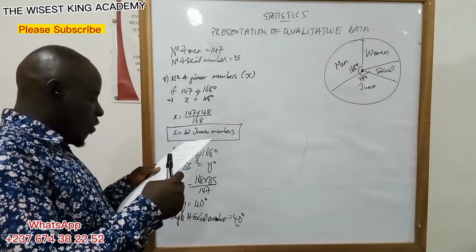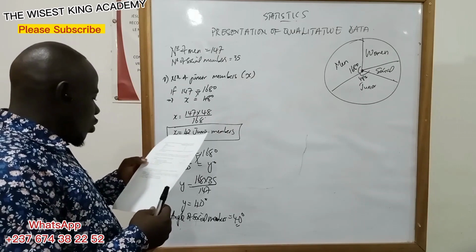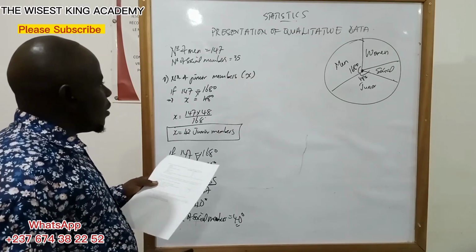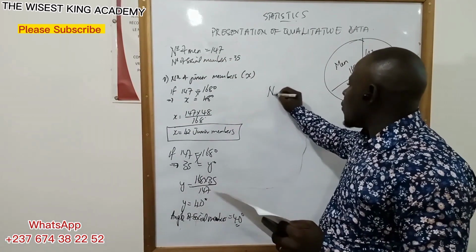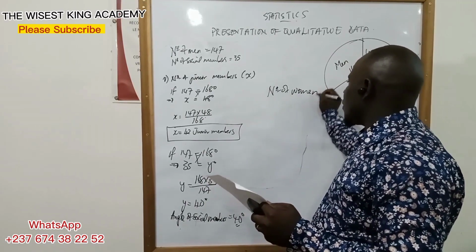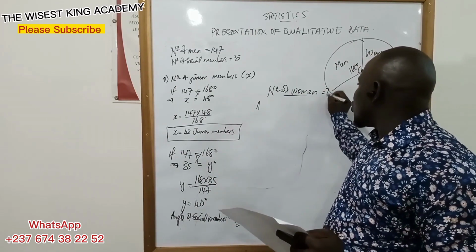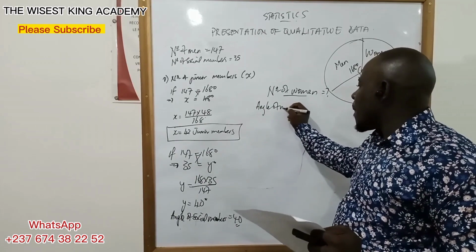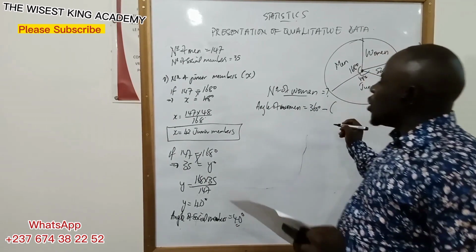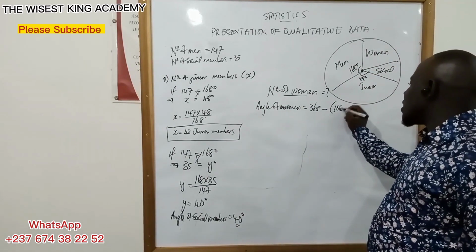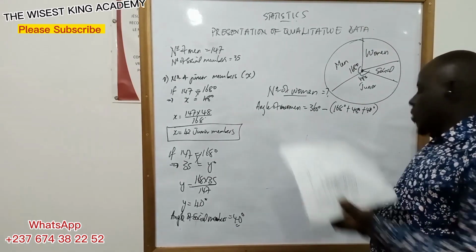Now they ask for the number of women. Remember, we don't know it, but we can find the angle of women, which will be 360 degrees minus the sum of the angle of men, which is 168 degrees, plus 48 degrees plus 40 degrees.